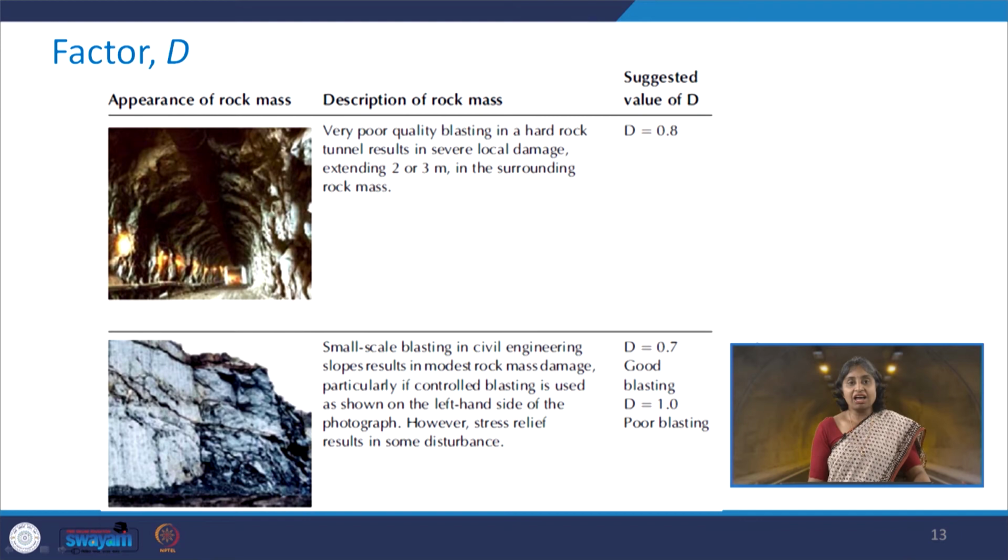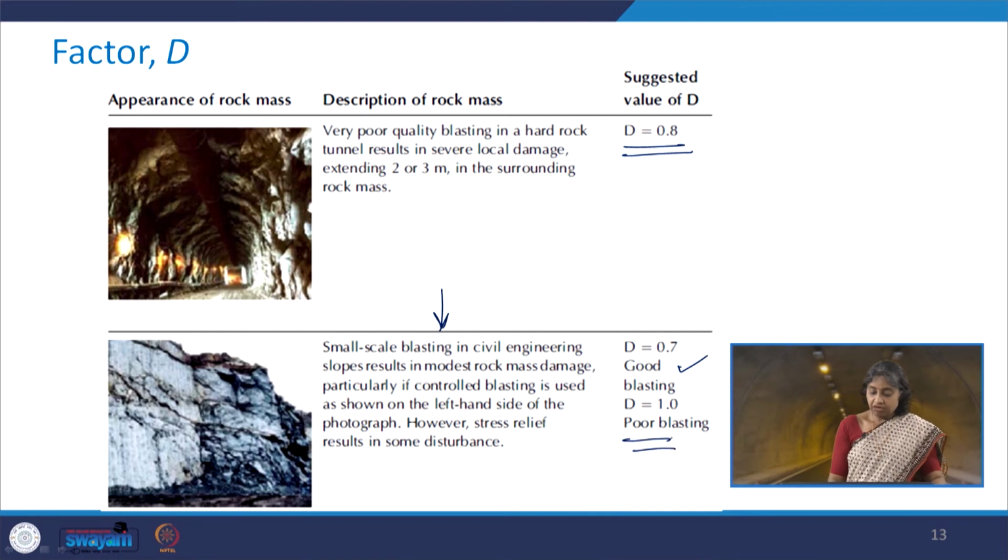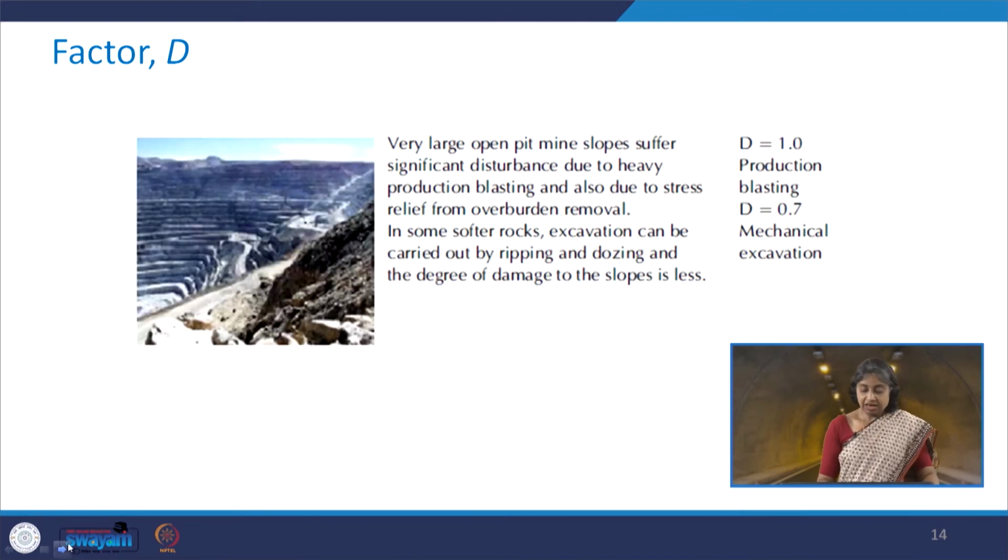In case you have very poor quality blasting in hard rock, this results in severe local damage, so you have to assign a larger value of D, which can be given as 0.8. Similarly, for this description you have D equal to 0.7 for good blasting and D equal to 1 for poor blasting conditions.